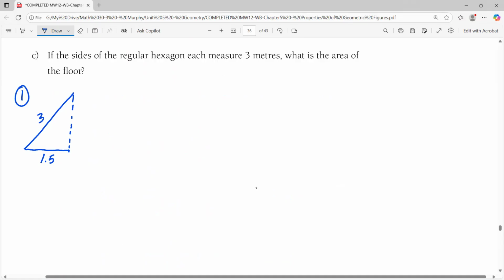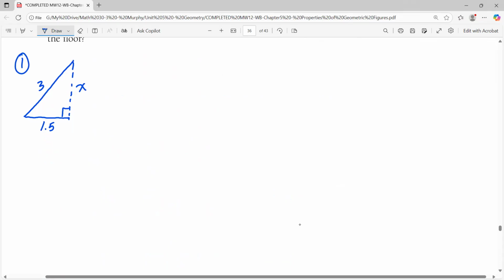Hypotenuse is 3. This is a right angle triangle now, and we don't know the height. The angle that we know is 60. Now you could use Pythagorean theorem here. You could use sine, or you could use tan. It's up to you. There are multiple options here. So I'm going to go ahead and use sine.